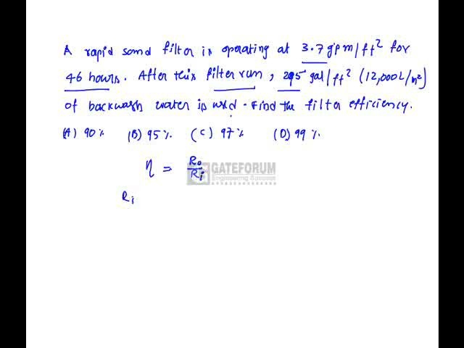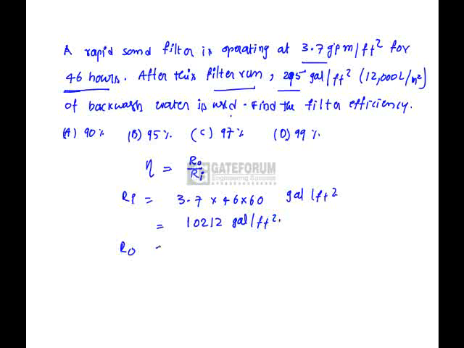So Ri we have to find out, that is 3.7 gallons per minute that was given. So it is 46 hours is operated. So 46 hours into 60 minutes gallons per feet square, that is equal to 10,212 gallons per square feet.